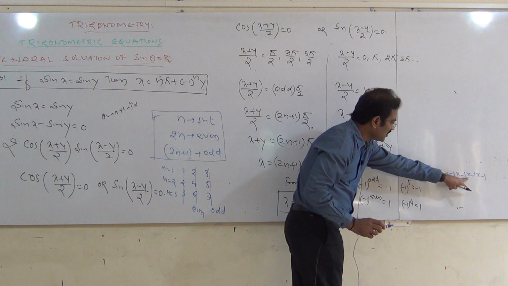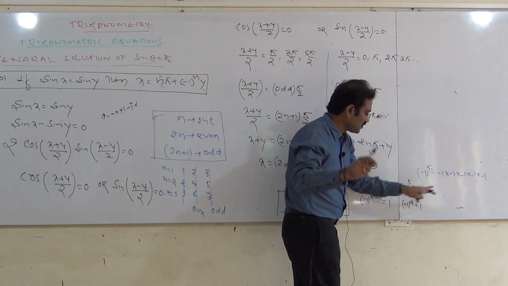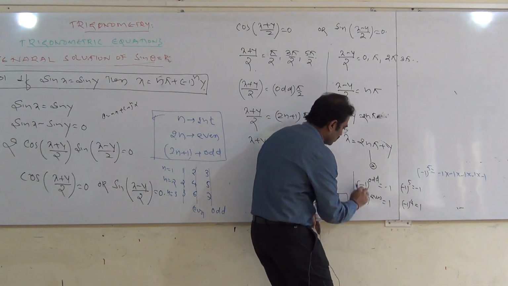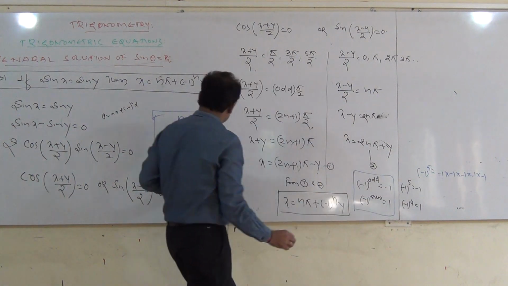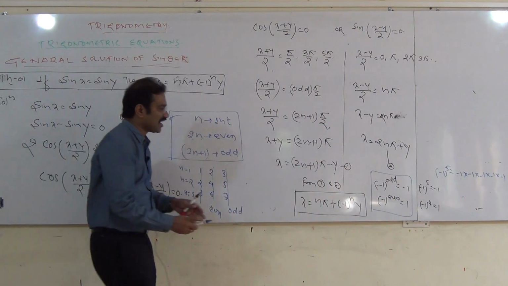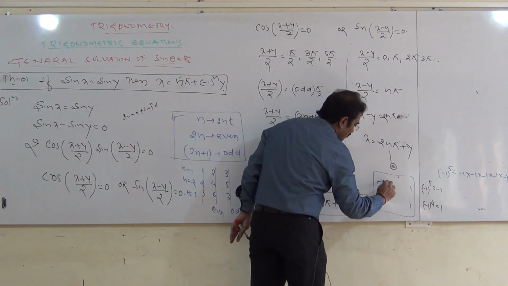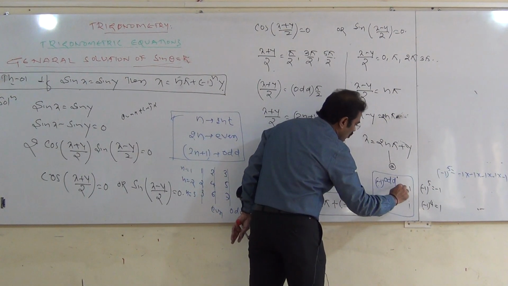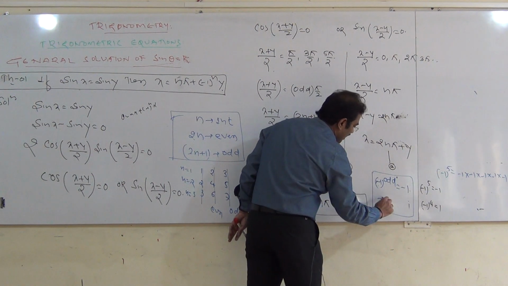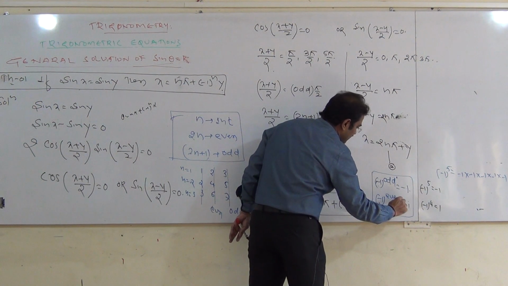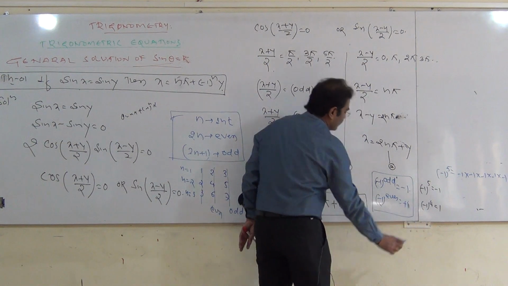If it is even, the pairs become positive. It means that we want this one and this one, additional information. I write it in blue color. Minus 1 raised to odd is equal to minus 1, and minus 1 raised to even is equal to plus 1. Okay, we want this.